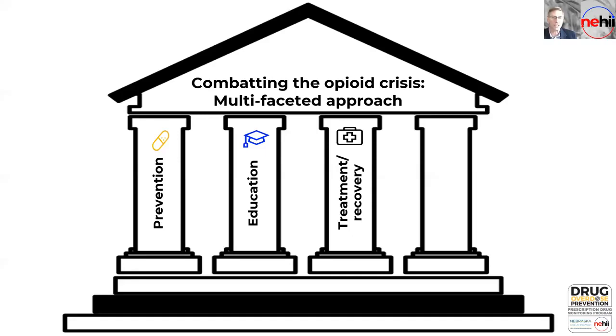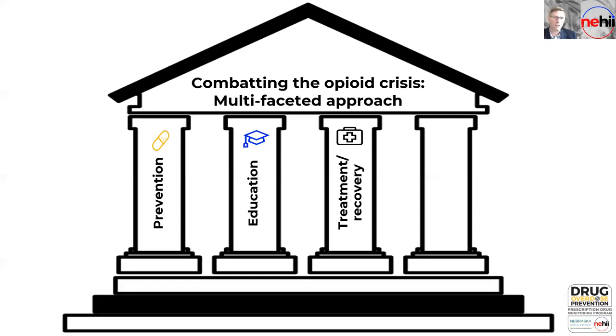Treatment and recovery is another mainstay for combating the opioid crisis. This is where a lot of money needs to be thrown into for those treatment and recovery centers. The federal government is doing some of that, but it isn't enough. Another method for treatment, at least on a short term, is using a drug called naloxone, or the brand name Narcan.